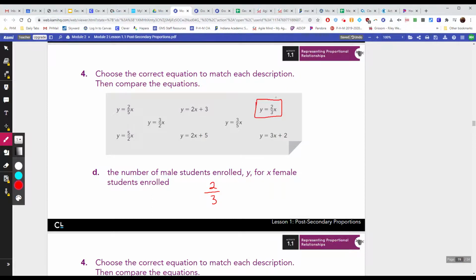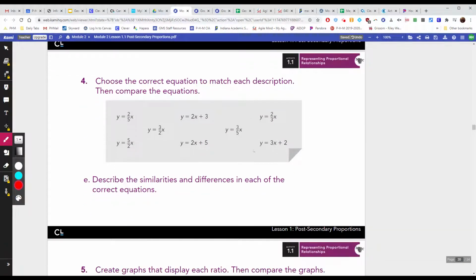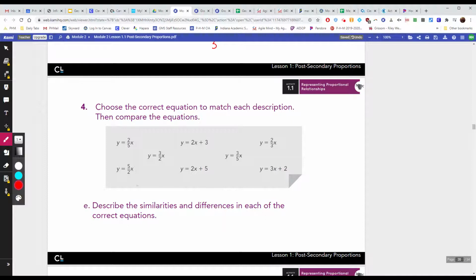So now let's compare these things. What are some similarities between all these equations and the ones that we chose? What are some differences? To me, the biggest similarity is that they all kind of look the same. Besides the number in front of x, they all look the same.